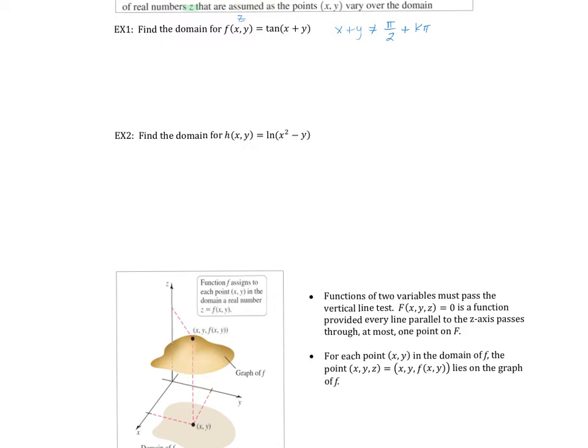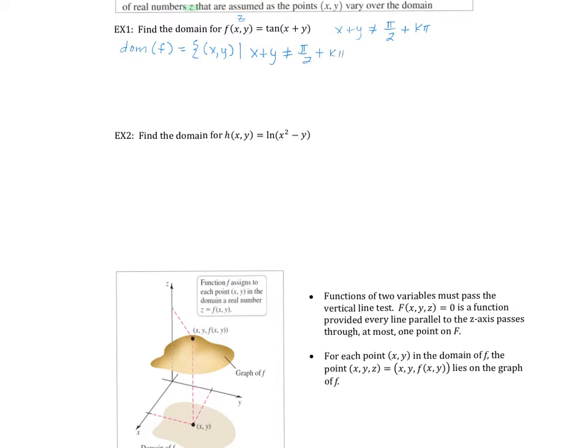So I can write that the domain of my function f, and here I'm going to use my shorthand for domain, DOM of f, would be equal to the set of all points x and y such that x plus y is not equal to pi over 2 plus any pi multiples, because pi is the period of tangent.